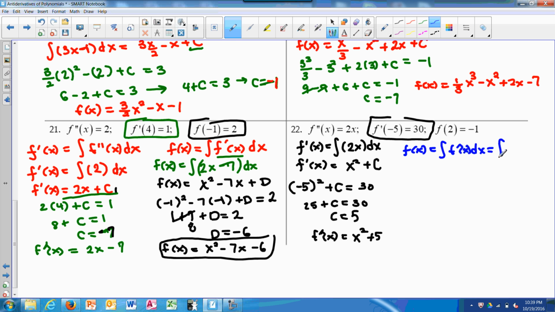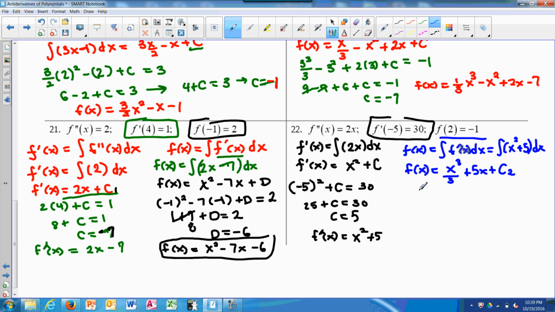So that means we're doing the antiderivative of x squared plus 5 with respect to x. So our f of x function is x cubed divided by 3 plus 5x plus some other unknown constant. We'll call it C2 this time.